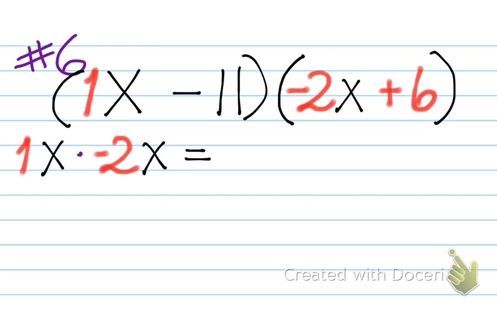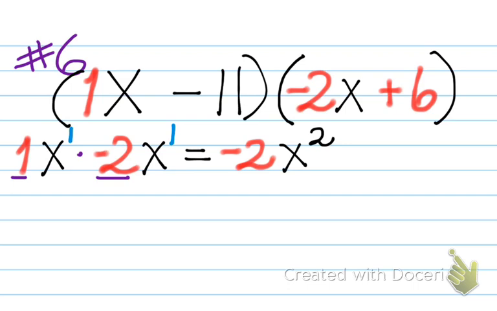We multiply the coefficients. 1 times negative 2 is negative 2. And then what we do is we add the exponents. If you don't see an exponent, it means that it's a 1. 1 plus 1 equals 2.